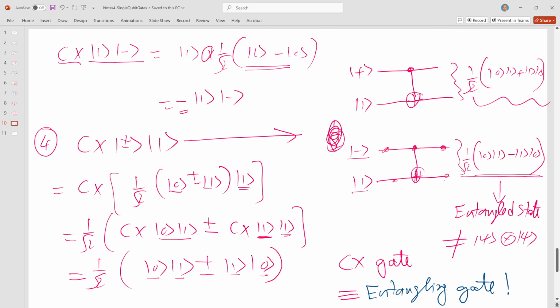And we should never think that this control X gate means that one qubit is controlling and not changing, and only the second qubit is changing. In general, this control X gate performs a joint operation on two qubits, and the state can transform in a myriad of ways. A product state can go to an entangled state, and similarly we will see in coming lectures that an entangled state can be converted back to a product state.